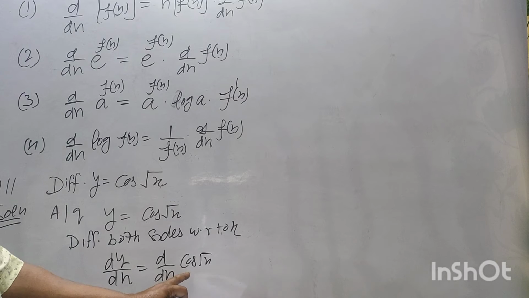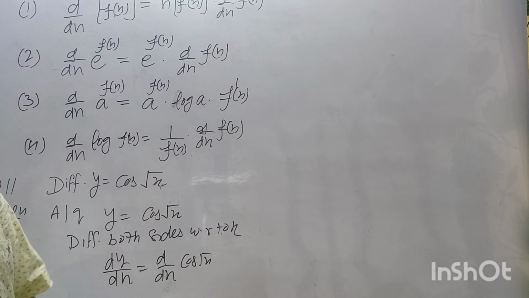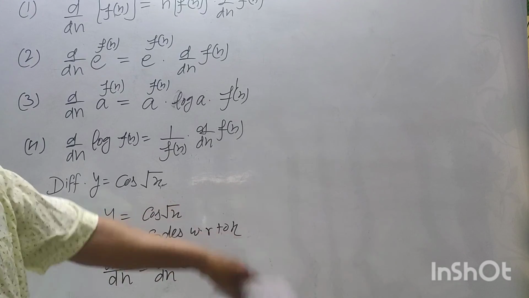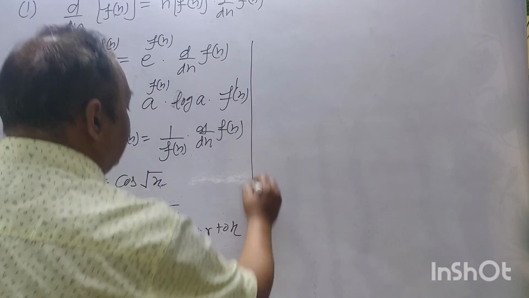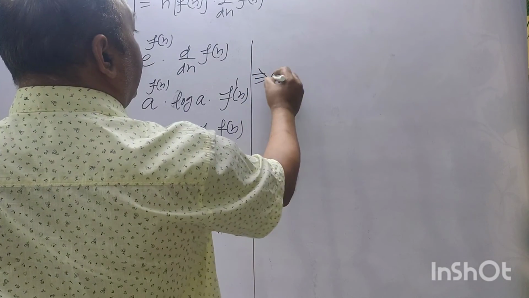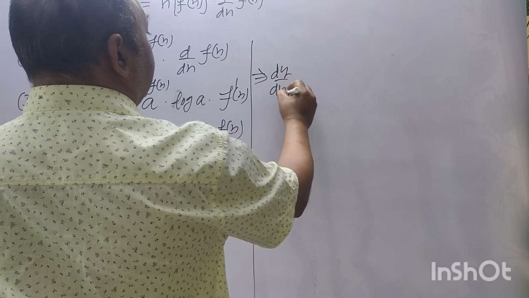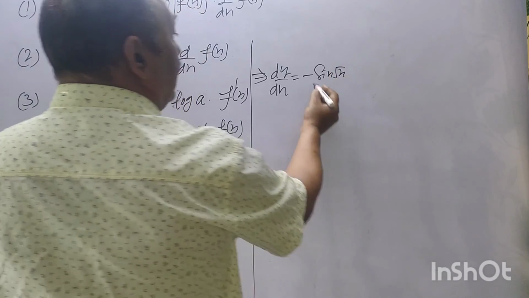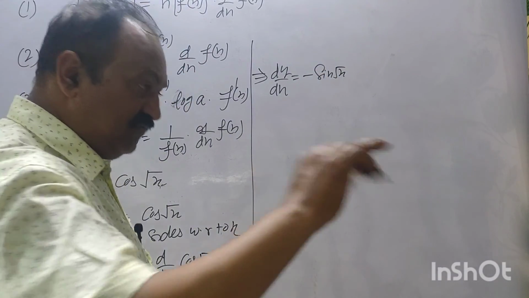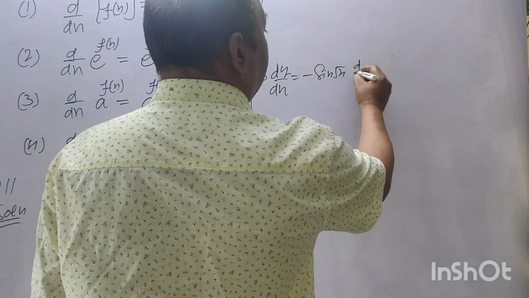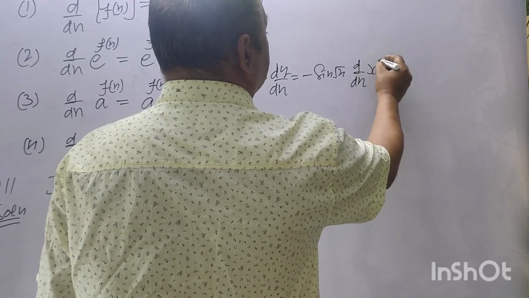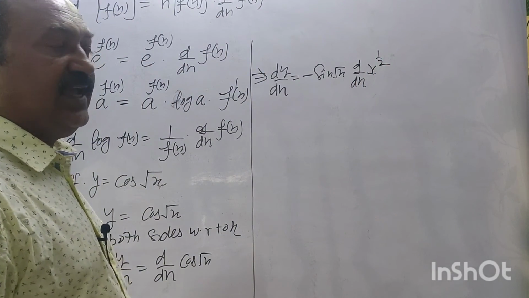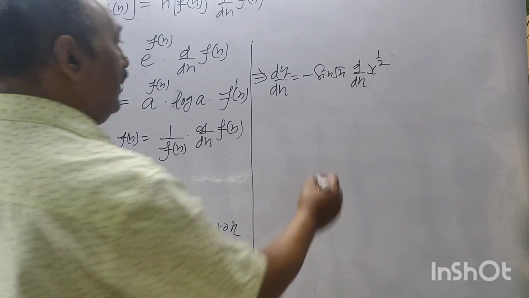You have to apply here the formula of cos of f(x), that is minus sine of f(x), further derivative of f(x). This implies dy upon dx will be equal to minus sine of under root x, further d upon dx of x की power 1 by 2. Under root x can be written as x की power 1 by 2.